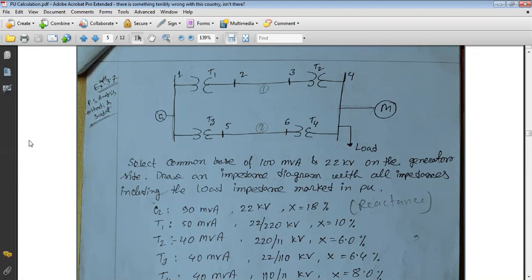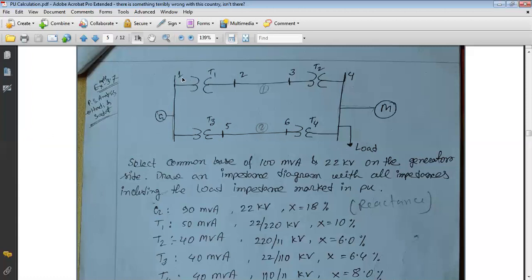So bus is basically a node where different devices or more than one device are connected together. In power system, instead of saying node, we say bus.